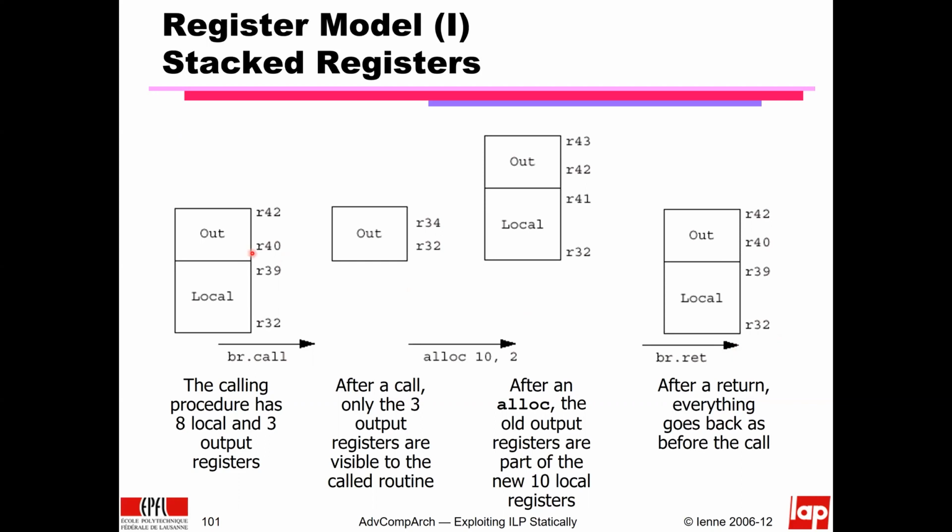You see this, right? R40 becomes R32. This is a form of renaming, right? It changes the name of the register in a trivial way, maybe, but it's still a renaming.